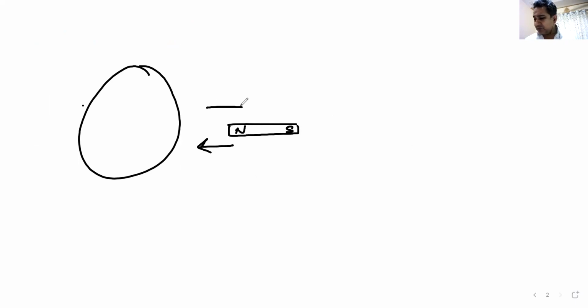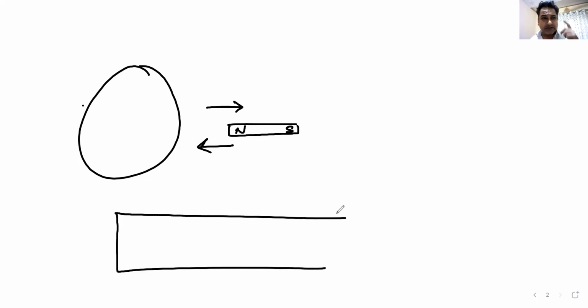When you get it farther, again the same thing happens. Magnetic flux linked with the loop changes with time. Whenever magnetic flux linked with a loop changes with time, an EMF is induced, and that is Faraday's law.